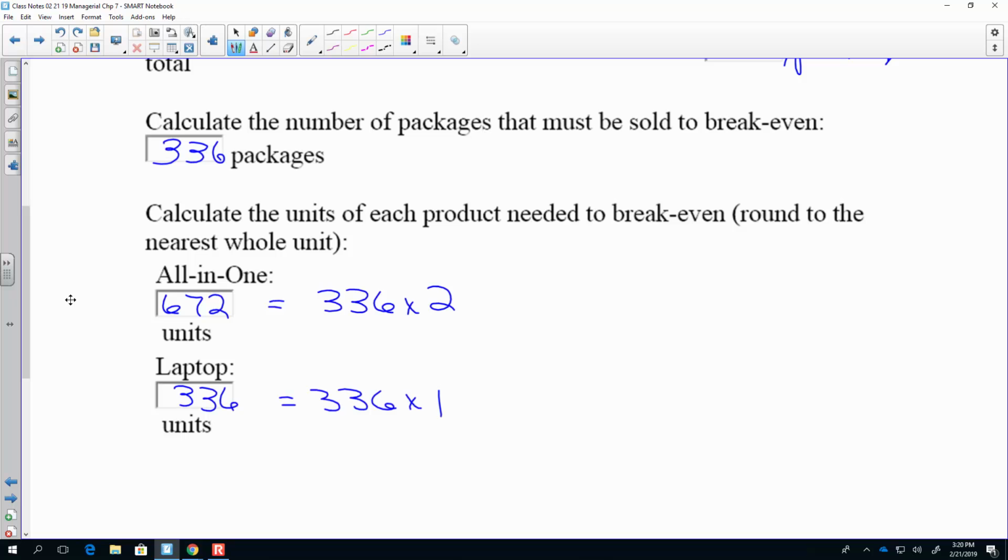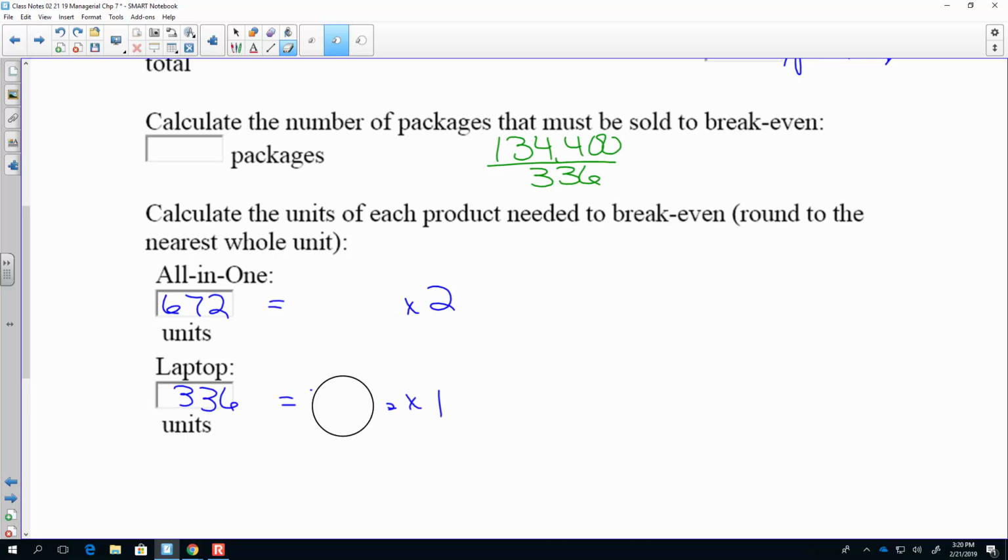I missed a total step. And Brianna says this should be 400. It's a good thing I can erase my mistakes.